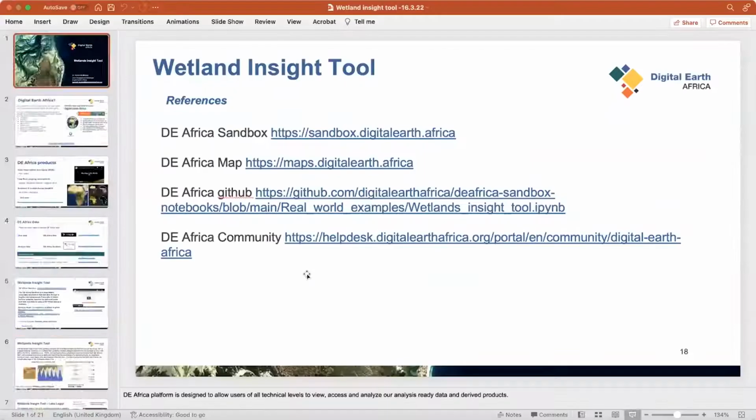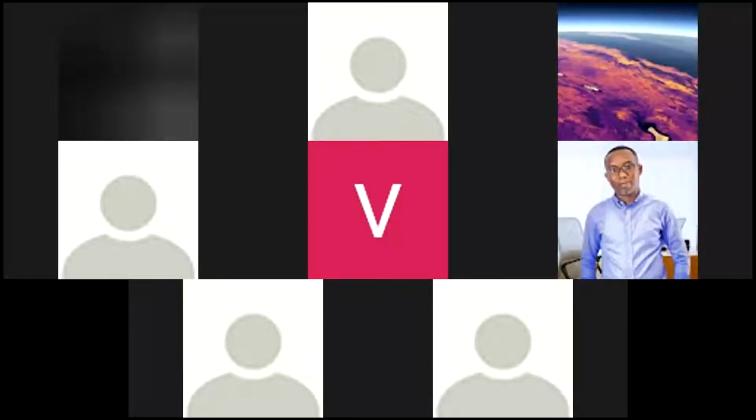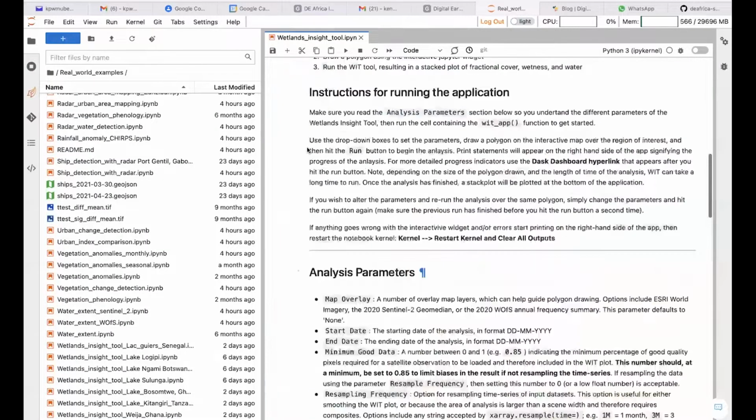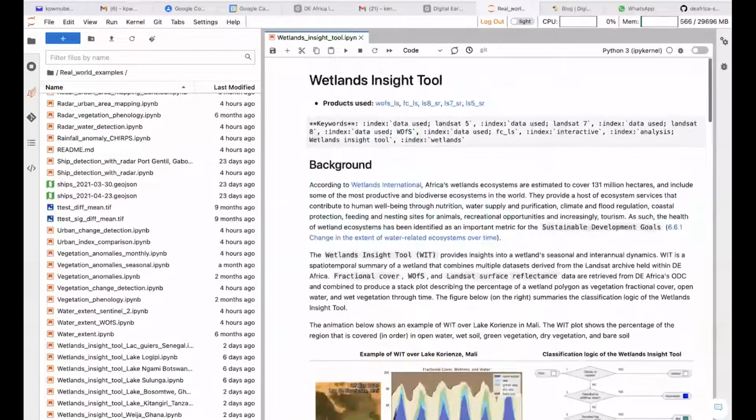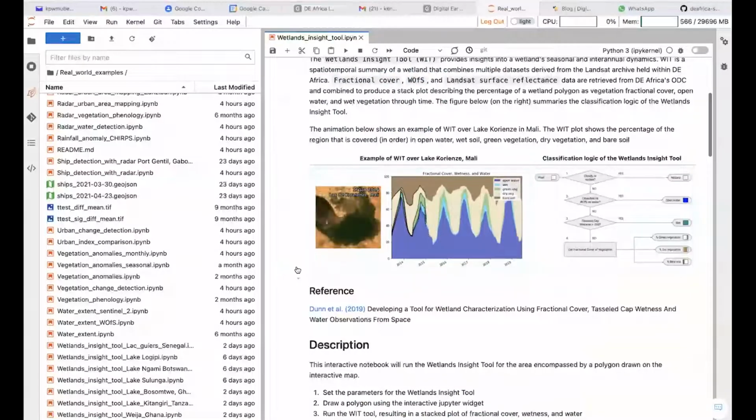So with that, I wish also to show you how the tool works. Those are just examples which can really help us first understand what happens if you do several examples. Now with this real world example, you can access this Wetland Insight Tool in the real world examples. And as I've shown you, you can see the changes over time for a particular lake.